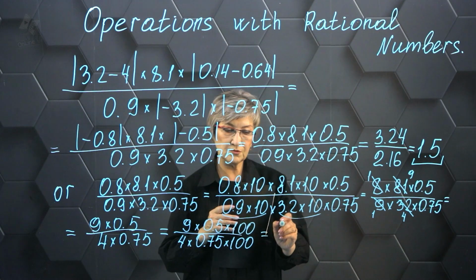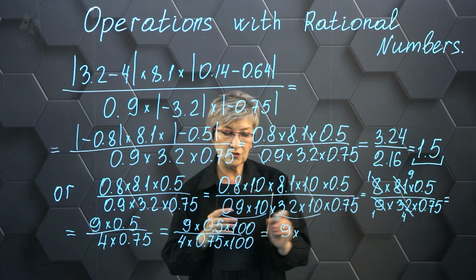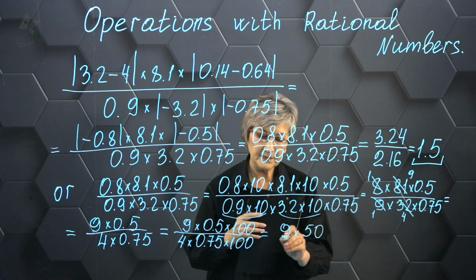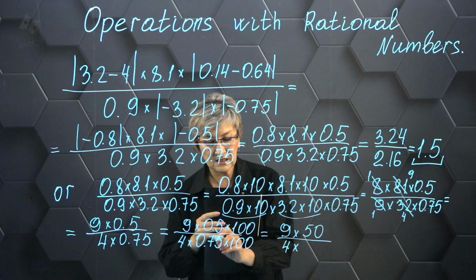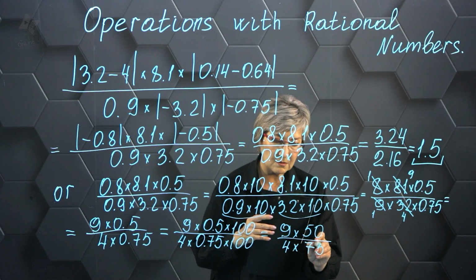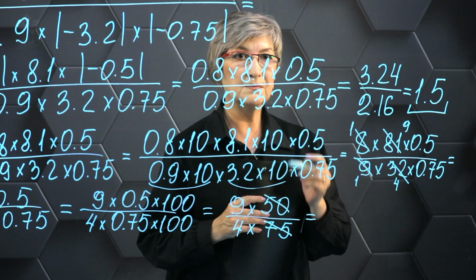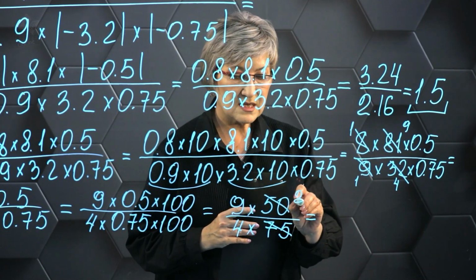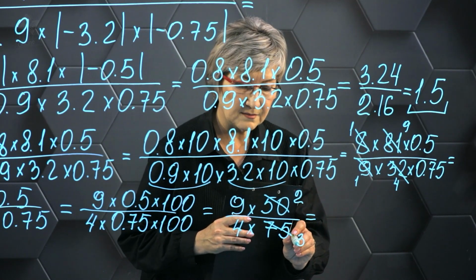So I end up with 9 times 0.5 times 100, which is 50, and 4 we rewrite, and 0.75 times 100 is 75. Let's divide 50 and 75 by 25. 50 divided by 25 is 2, and 75 divided by 25 is 3.